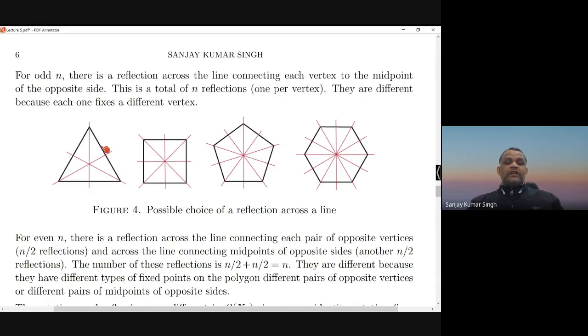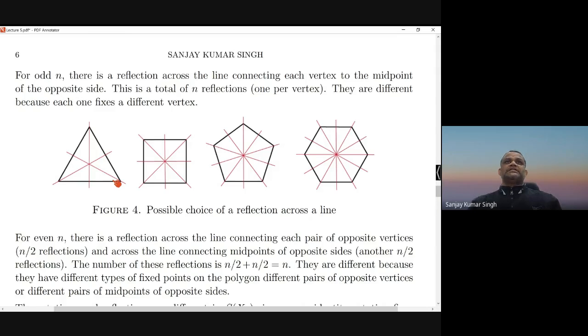In this case, whenever you have an odd number of vertices, I will take one vertex and the opposite edge and take its midpoint, and the line joining the vertex and the midpoint of the opposite edge is the line of reflection, or you can say the line of symmetry. Of course, in this picture, if I take this line and define a reflection about this line of R2, then it is very easy to check that this object is preserved.